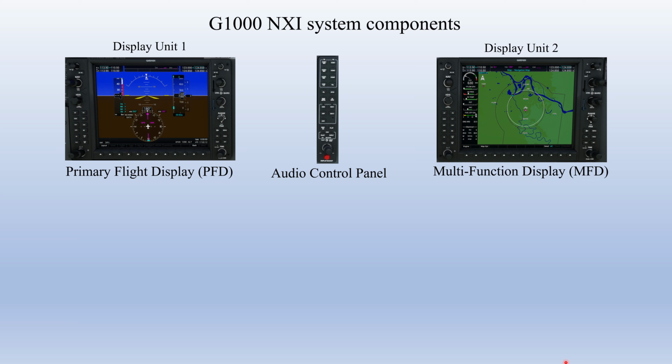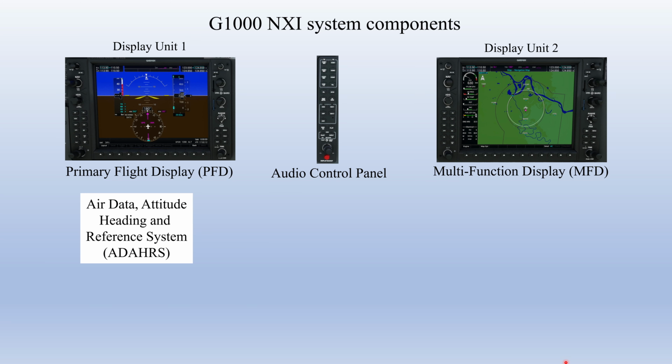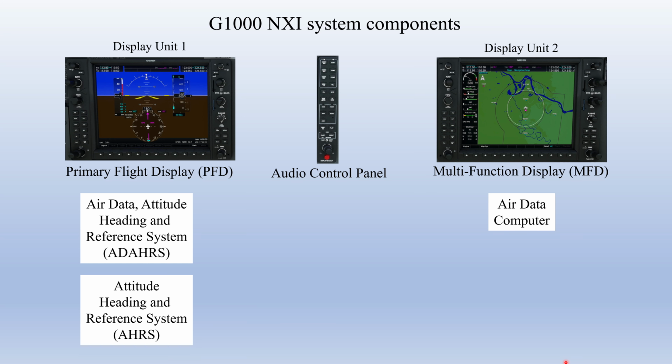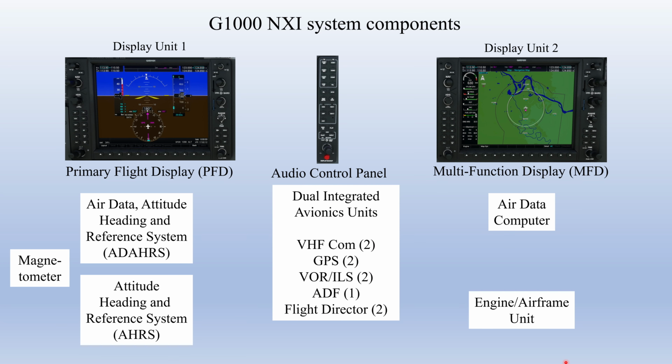System components that are not visible to the pilot include an air data, attitude, heading, and reference system, or AD/AHRS, an attitude, heading, and reference system, an air data computer, an engine and airframe unit, a magnetometer, and dual integrated avionics units, which contain 2 VHF comms, 2 GPSs, 2 VOR ILS receivers, an ADF, and 2 flight directors.